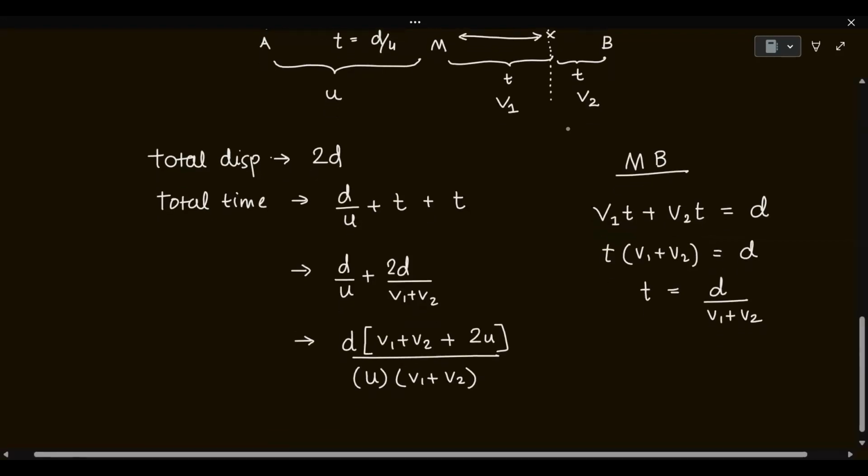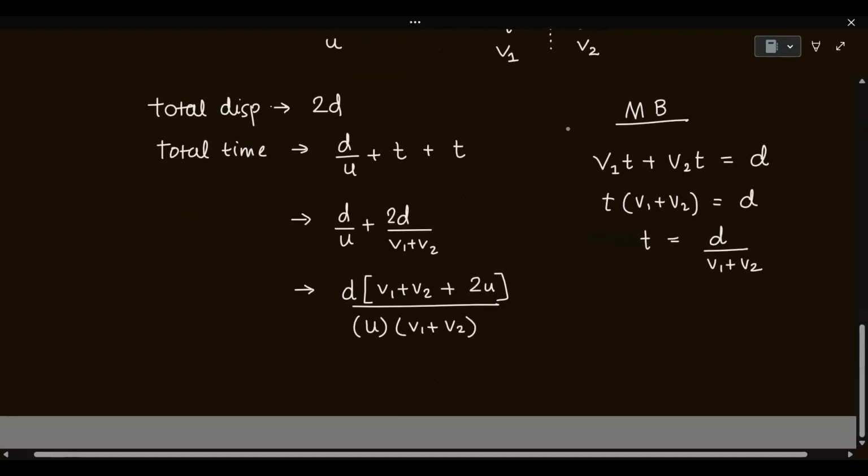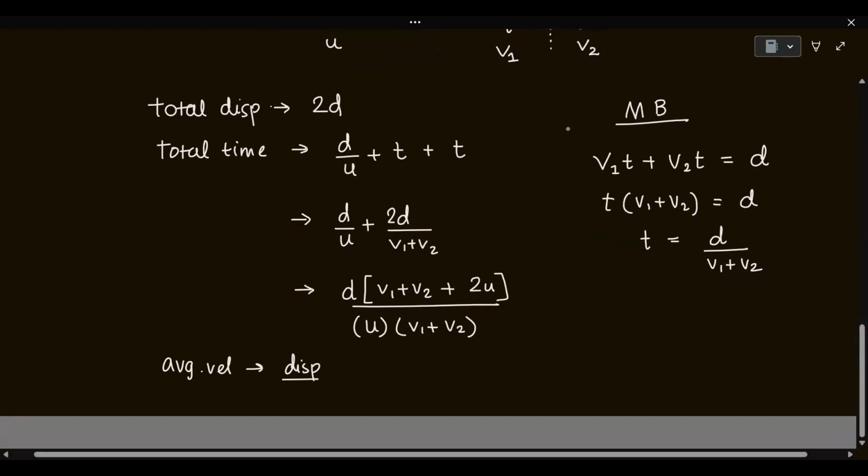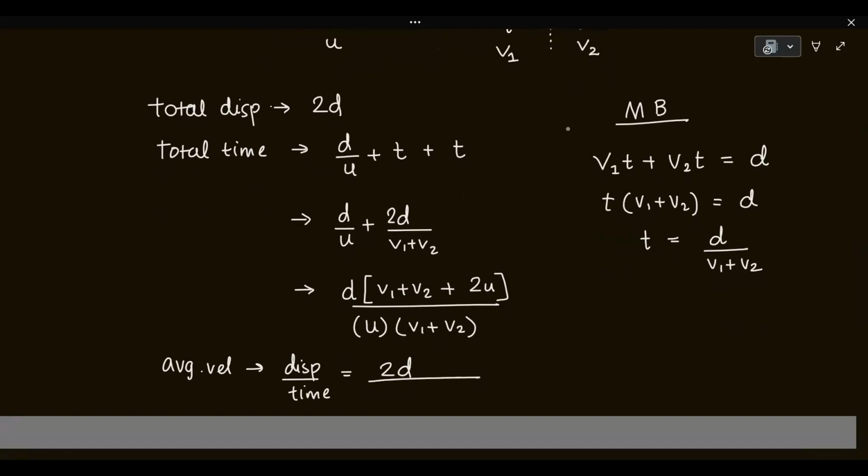So if I now apply the formula, average velocity is total displacement by total time. Total displacement is 2d, and you have to divide this by this whole thing right here. Now if I divide 2d by that, d and d cancel out, and you'll have 2 times u, v1 plus v2 divided by v1 plus v2 plus 2u.